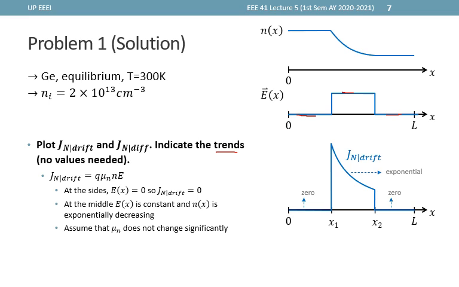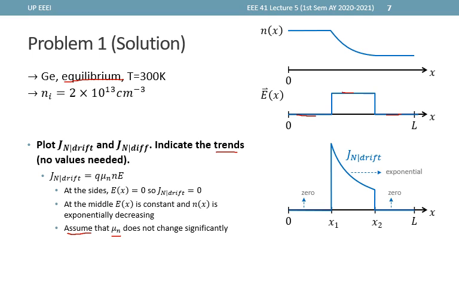Here we assumed that mu n does not change significantly, so that it will not affect the shape of Jn drift. Now, why is this a necessary assumption? If you look back at the energy band diagram, the material is in equilibrium, but the EF minus EI changes, and therefore it tells us that the doping concentration must be changing in space or position.